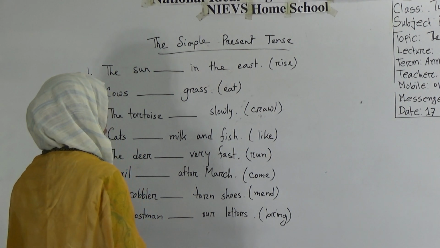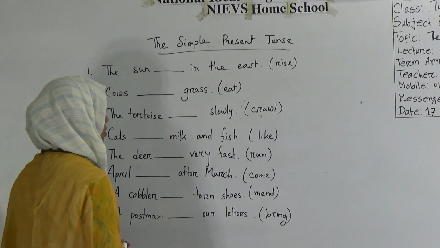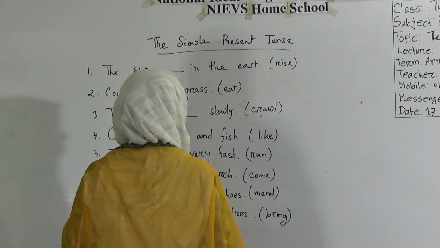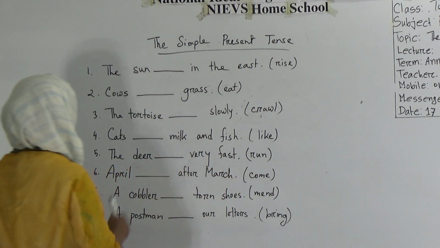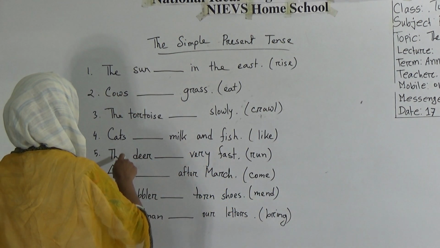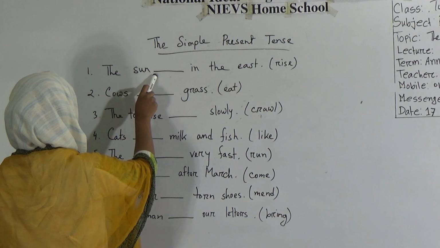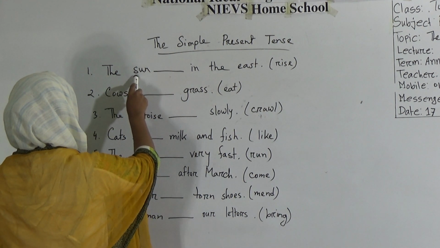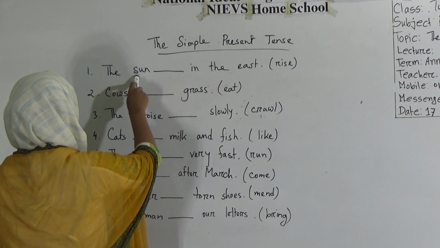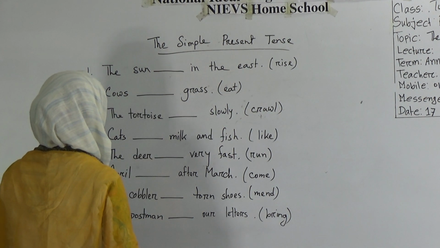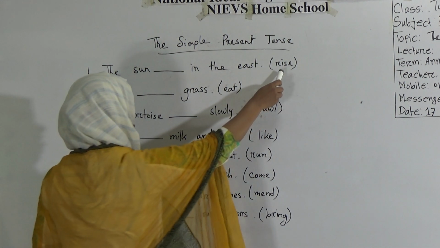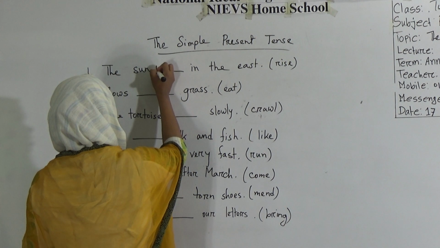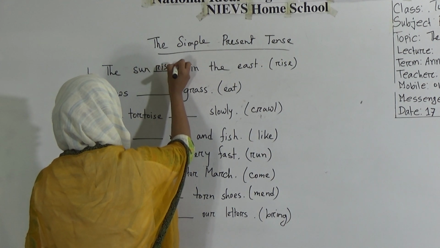In this simple present tense, our action verb will be in the base form and it will be changed according to the subject. Here our subject is the sun. This is a third person singular subject, so we will have to change the verb according to the subject, and it will be rises.